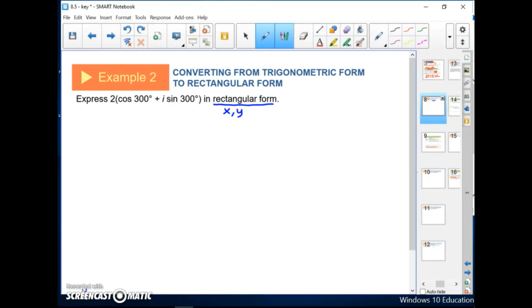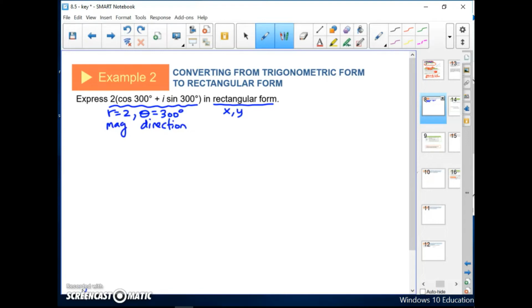Now also, they've given me polar form, which means they've given me r is 2 and theta is 300 degrees. Okay? So all we're doing is converting from knowing this polar form, this magnitude and direction. That's what this is. This is magnitude and this is direction.